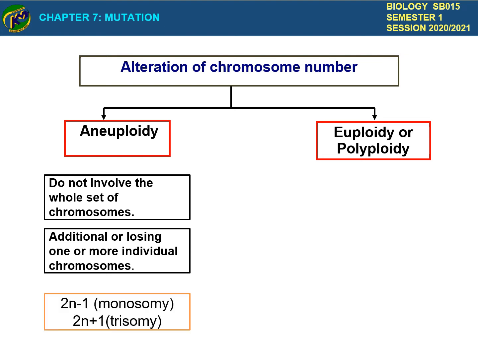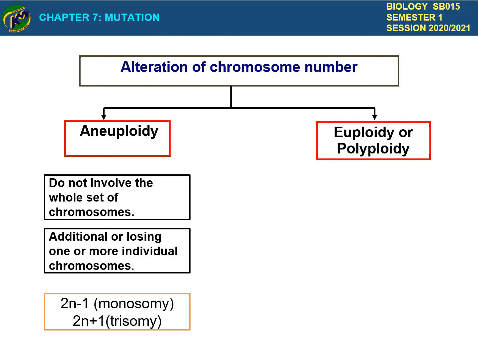For example, if the individual has lost one chromosome, the body level is 2n-1, and this condition is known as monosomy. But if the individual gains one extra chromosome, the body level is 2n+1, and this condition is known as trisomy.